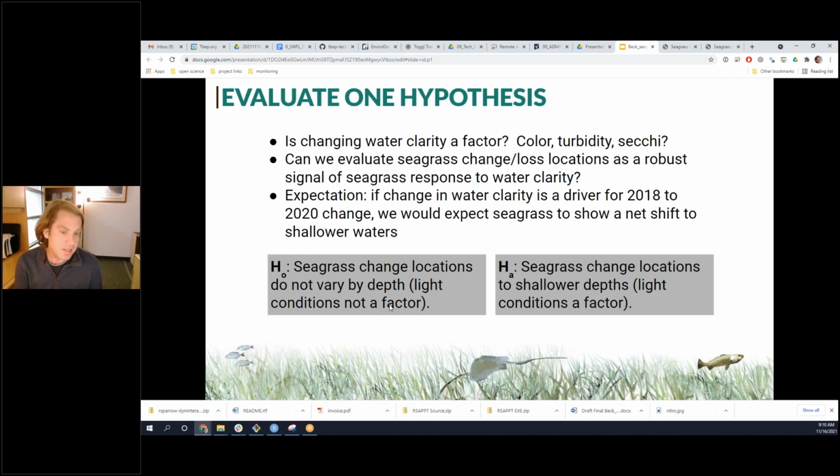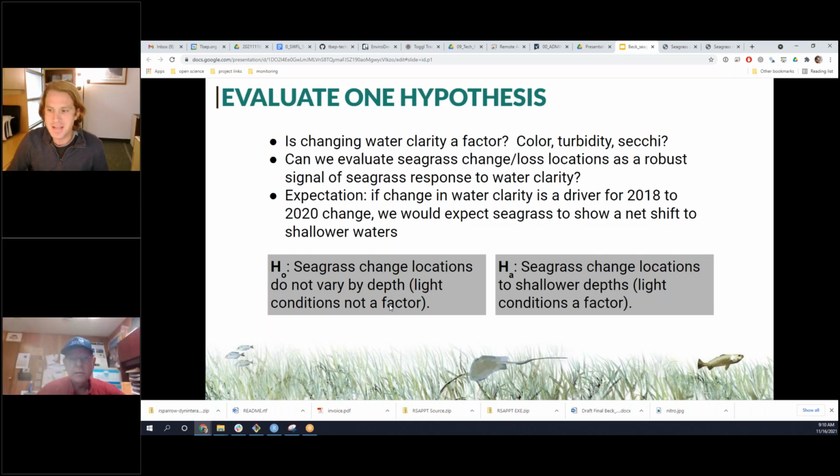Essentially, if light conditions are an issue, we would see seagrass losses at deeper areas, at the maximum depth of growth, the deep edge of seagrasses, and see them receding towards more shallow depths. So that would be my alternative hypothesis here, that if light conditions are a factor, we would see seagrasses growing in more shallow depths in 2020 as compared to 2018.